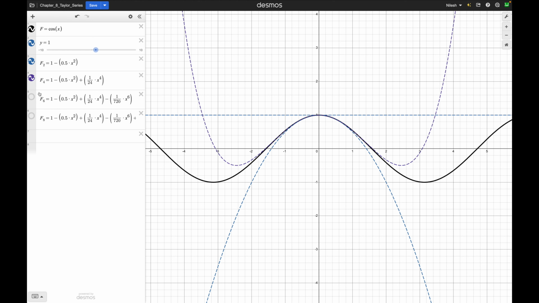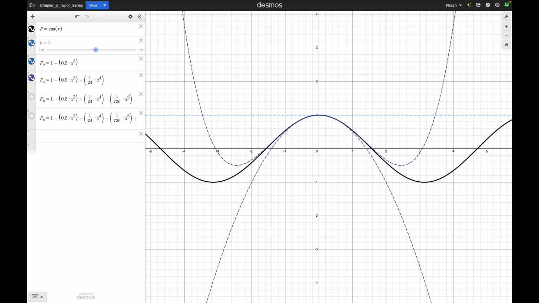If we keep going, the fourth order approximation sort of corrects the shape of the parabola and keeps the approximation accurate the farther we go away from the value of x equal to 0.